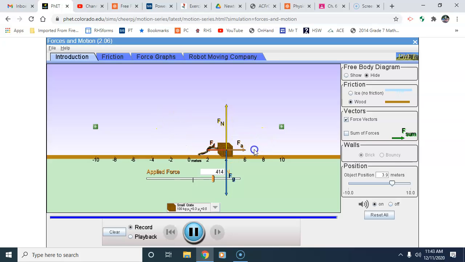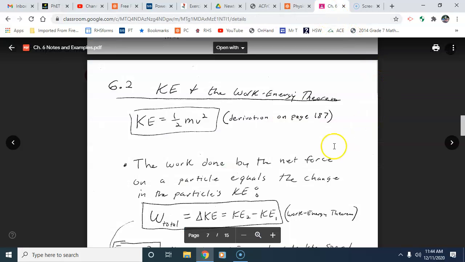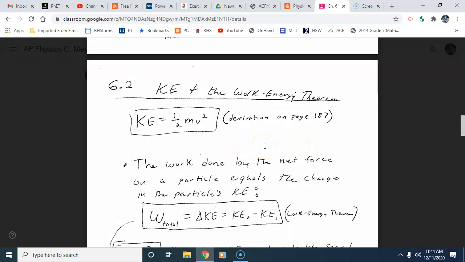But once I do a certain amount of work on it, I give it some kinetic energy. It's like a chain of process, where the total joules of work done on that box equals the exact amount of the change in kinetic energy.